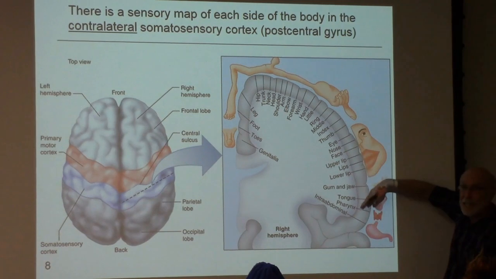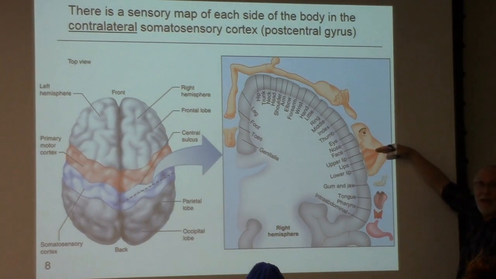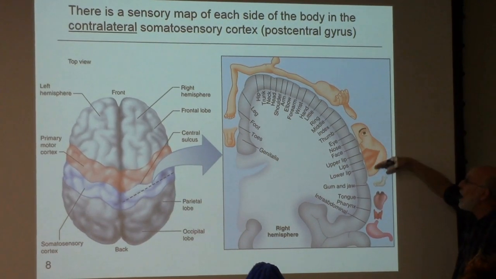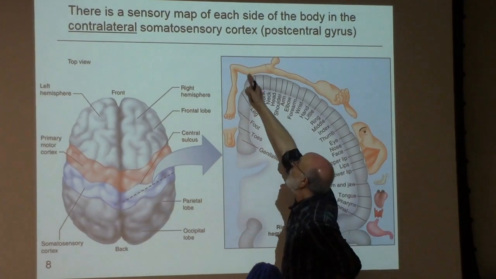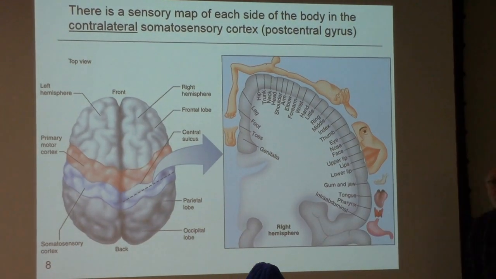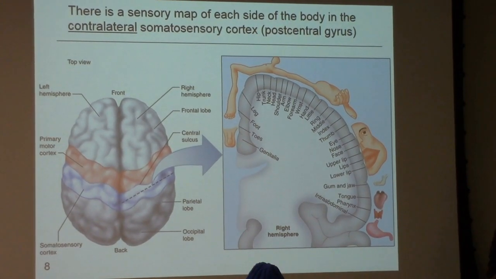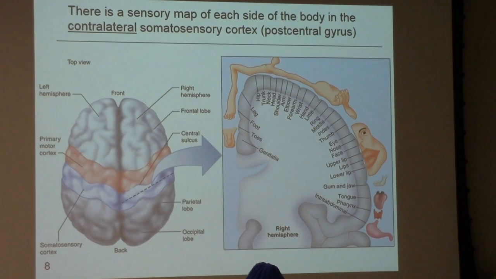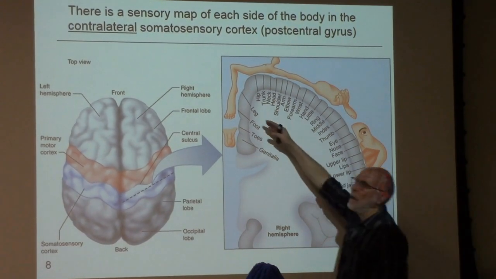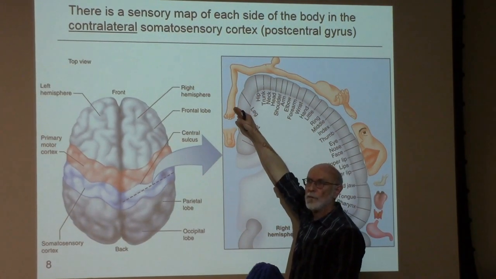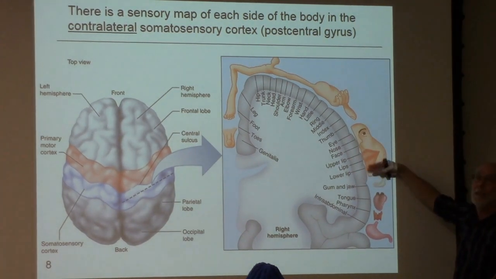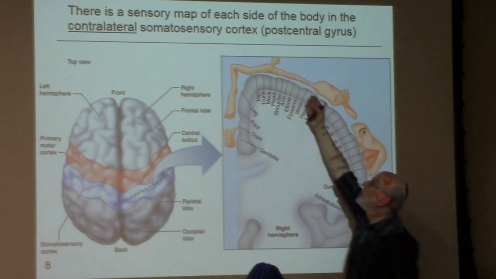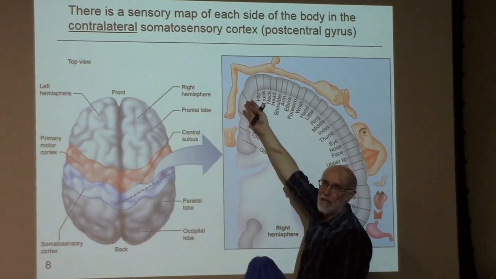So a lot of real estate in the neocortex is given to the somatosensory system related to the face and the mouth and the hands, but not so much to the arms, torso, and legs, because the receptive fields are bigger. And so the amount of area of neocortex needed to process those larger receptive fields is smaller. So small receptive fields, lots of cortical processing. Large receptive fields, less cortical processing.